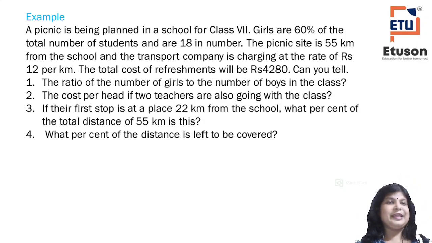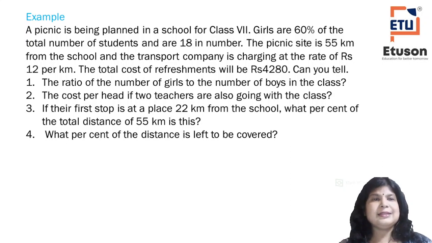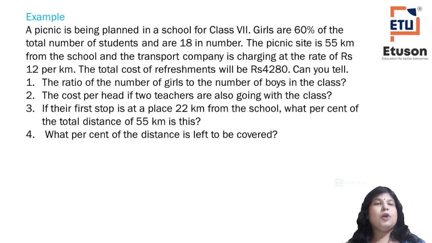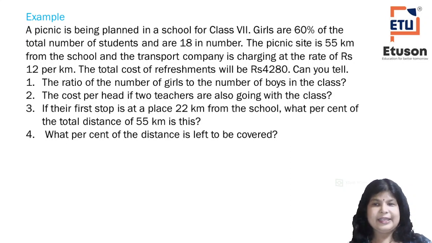So now let us revise by taking one more example. A picnic is being planned in a school for class 7. Girls are 60% of the total number of students and are 18 in number. The picnic site is 55 km from the school and the transport company is charging at the rate of rupees 12 per kilometer.